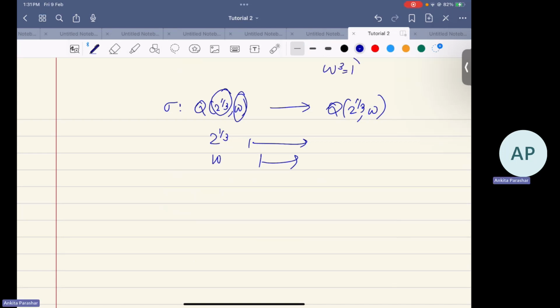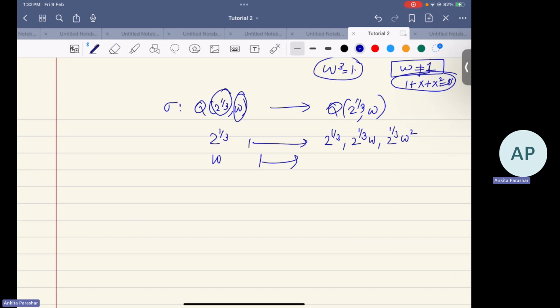Notice omega is the primitive root, and therefore its irreducible polynomial is the one we saw. All right, so 2 power 1 by 3 can possibly go to 2 power 1 by 3 omega square.